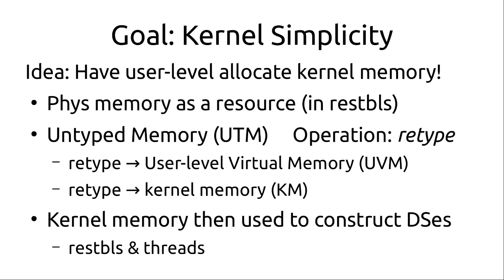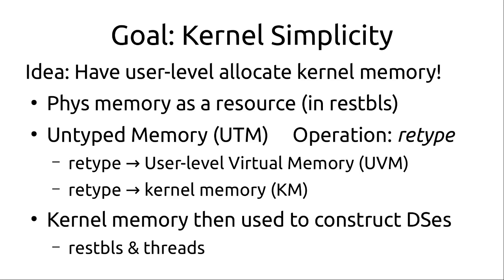These are essentially TCaps as well, but again, I'm not really going into them much. These are the only abstractions provided by the kernel that require this memory. Conventionally, in the kernel, we would have to call kmalloc to allocate memory for them. Instead, we are retyping untyped memory into kernel memory and using that kernel memory to back these kernel data structures.